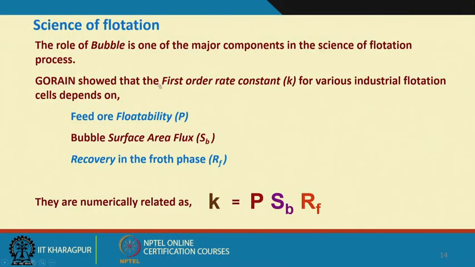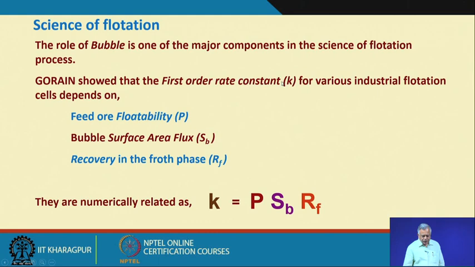So, Gorain showed that the first order rate constant K for various industrial flotation cells depends on, let me tell you first, the flotation kinetics is normally modeled by a first order reaction kinetics. Anyway, do not worry about this in an introductory course.